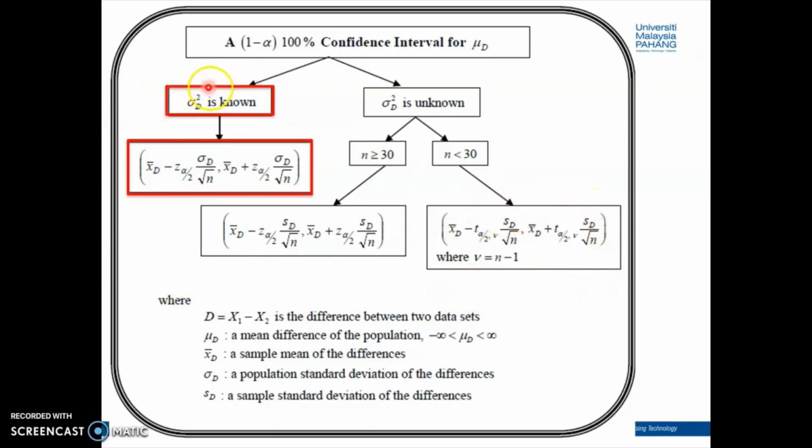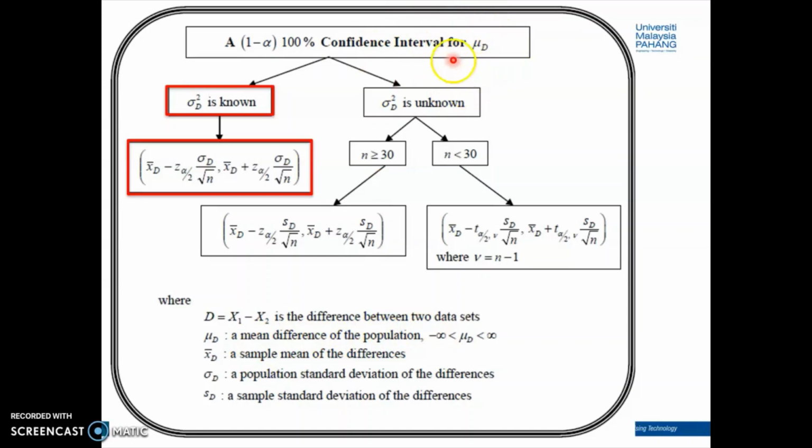Am I right? Yes. The only difference is that here you need to use x bar d, you need to use sigma d, and SD. So what is this D? This notation is the difference between the 2 data sets. So mu D is the notation to represent the mean difference for the population for the case of dependent samples.